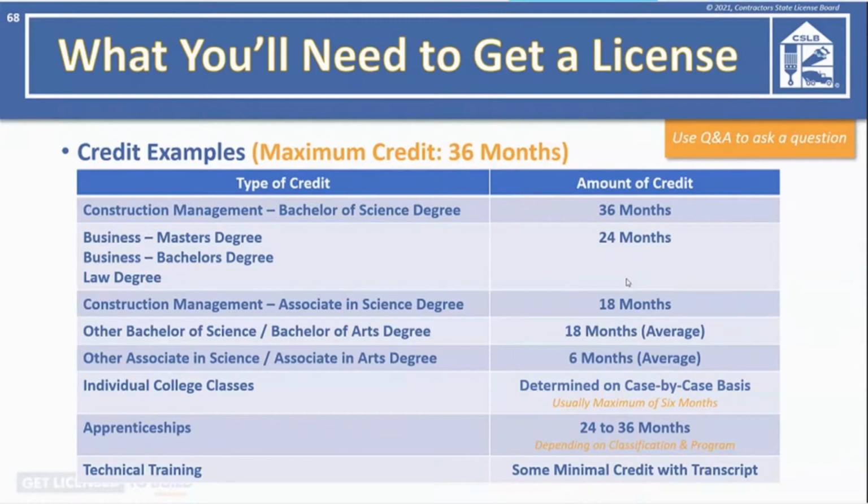Is Type A license classification required for delegated design deferred submittals under a specialty classification scope? But there are 2 different classifications.